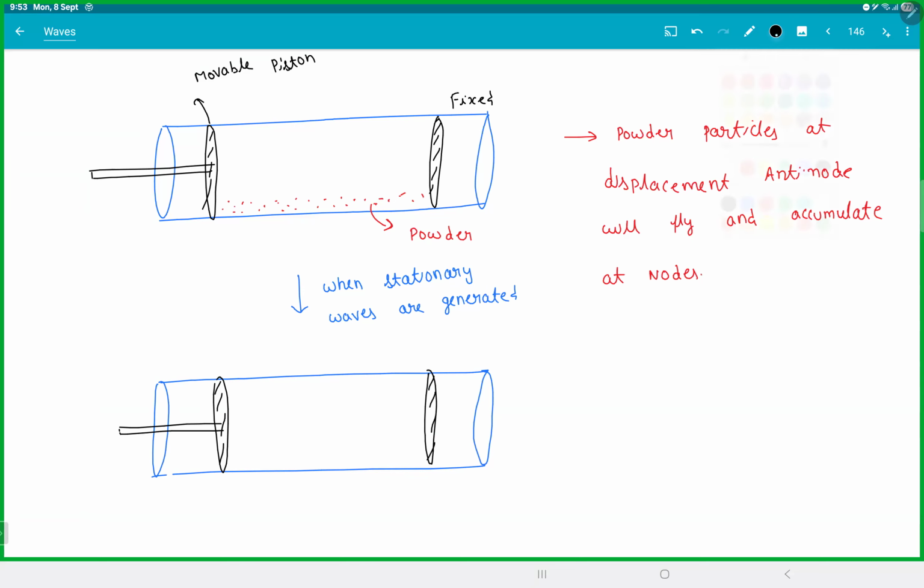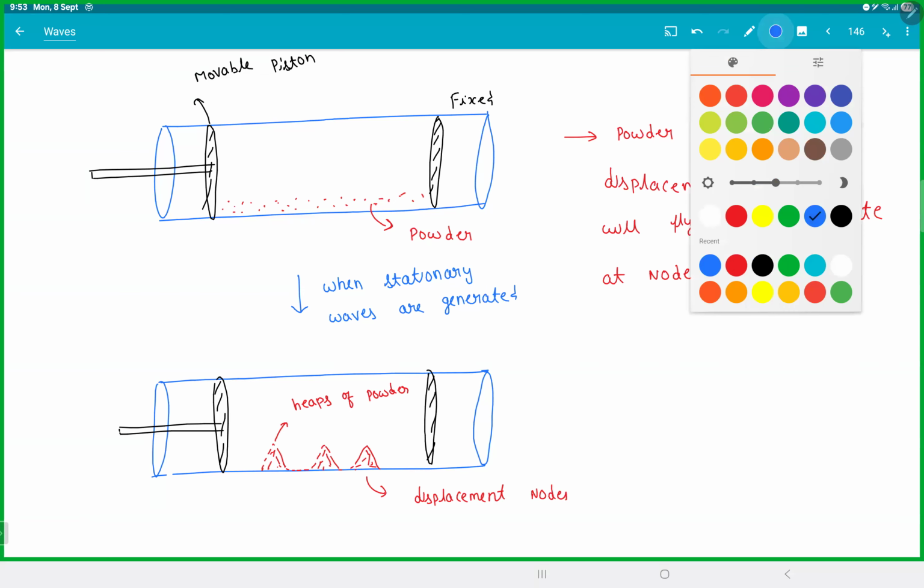So you will actually find heaps of powder like this. And these points will be displacement nodes because the powder at the nodes will not move. And then what we do, we measure the distance between the two hills, or we actually measure the distance between the two gaps.